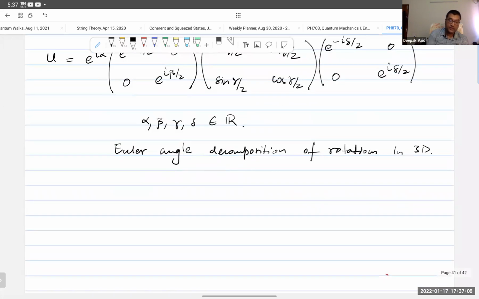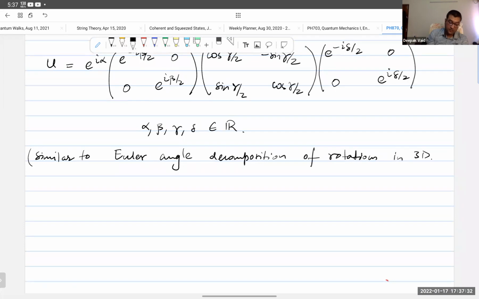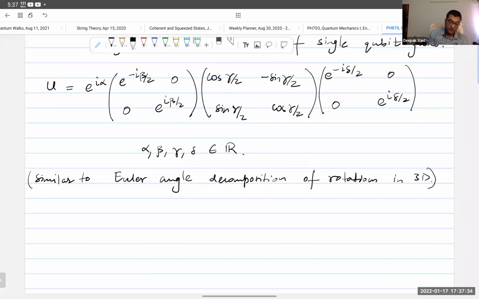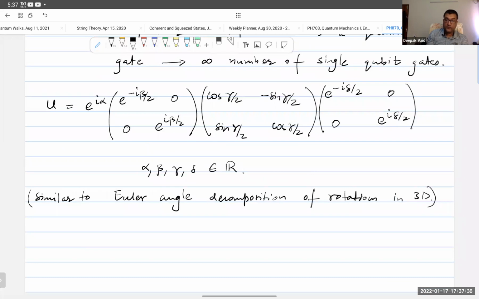Any rotation in 3 dimensions can be written as a product of 3 rotations: a rotation around the x-axis, a rotation around the z-axis, and then another rotation around the new z-axis. So this is somewhat similar in spirit to the Euler angle decomposition. There are 4 angles, and what are each one of these matrices doing?